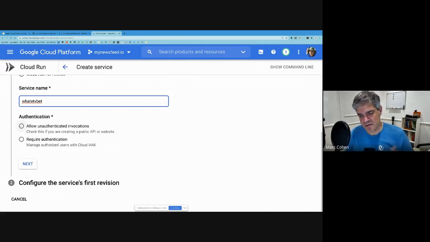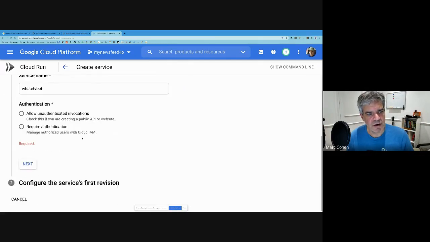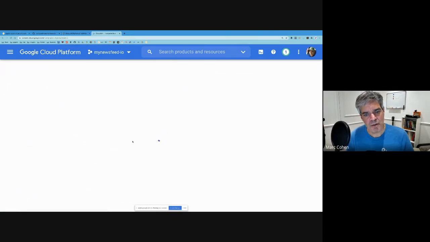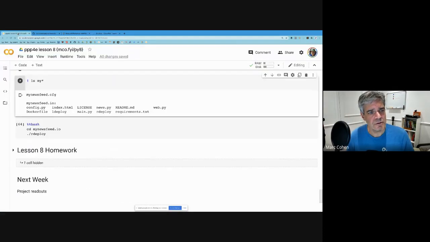That's basically saying, do you want somebody to have to log in or just give them access immediately? You configure various things about it and so on. I'm not going to actually create a new one. I'm going to do it by command line from the notebook. If you do this with your own account, you should be able to do this yourself, but let me know if it doesn't work for any reason.